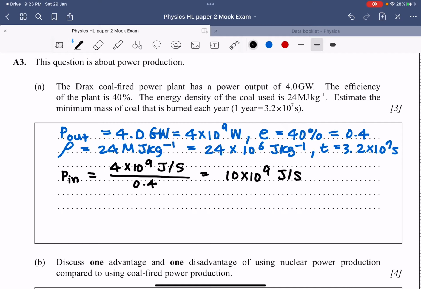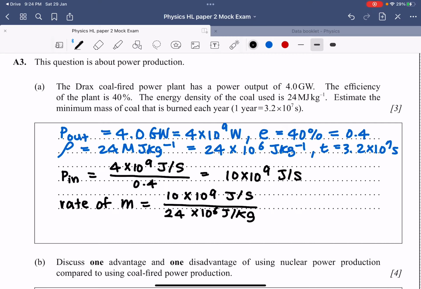Now, we know the power in. Now we have to find the rate of mass, which we will denote as m. The rate of mass will be the power in, 10 times 10 to the 9 joules per second, divided by 24 times 10 to the 6 joules per kilogram, the energy density they have given us.